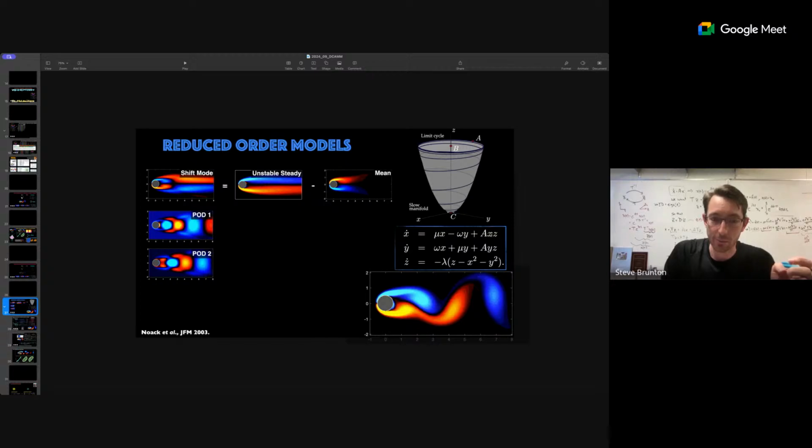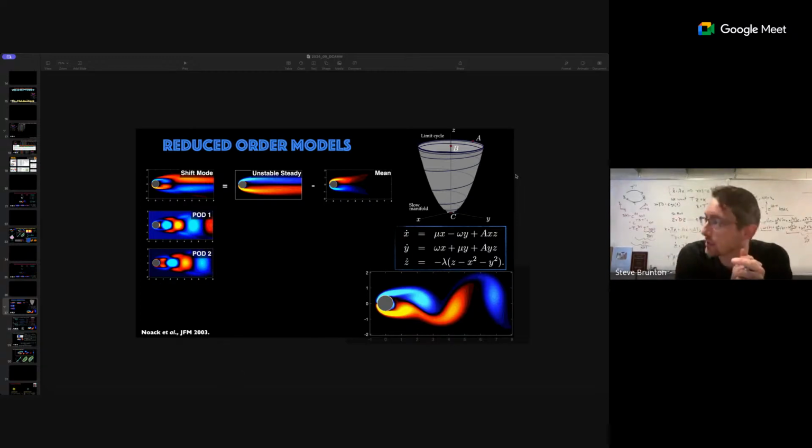Here I have an AXZ and an AYZ in the X and Y equations. And in the Z equations, I have a minus X squared and a minus Y squared. There are these basic known symmetries that you would have in... sorry, I'm jumping the gun. Let me give you the short version of this answer.